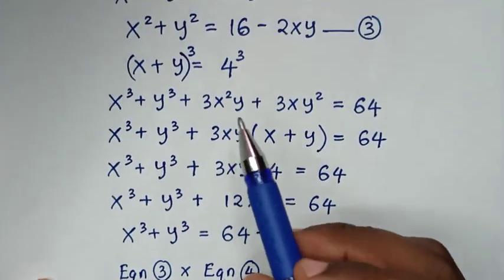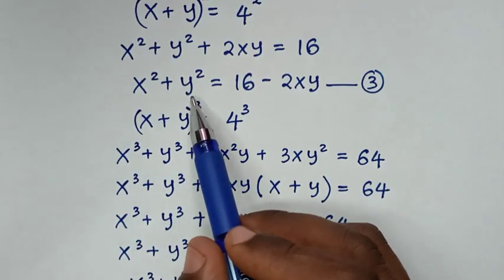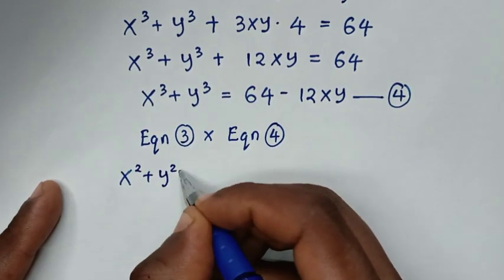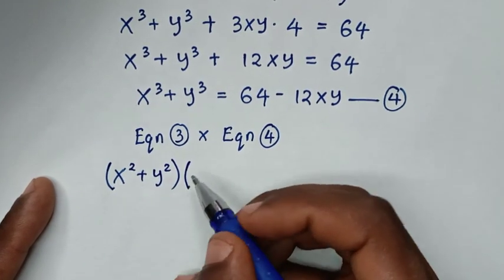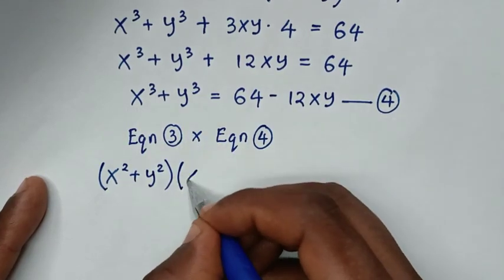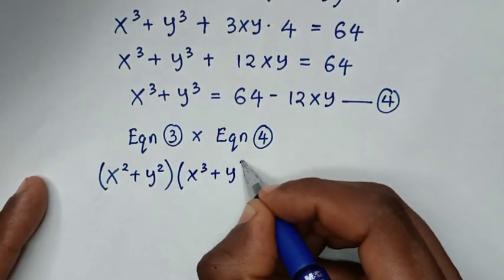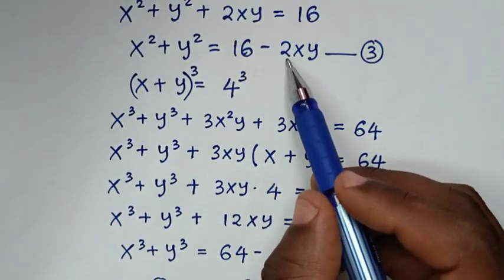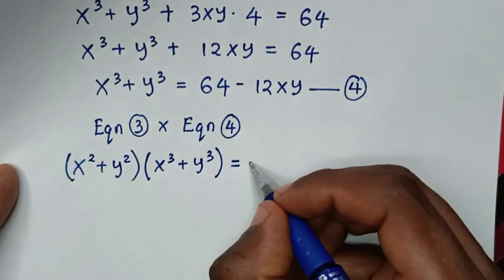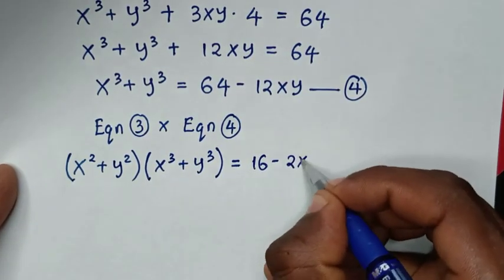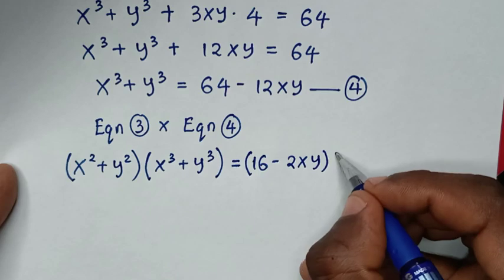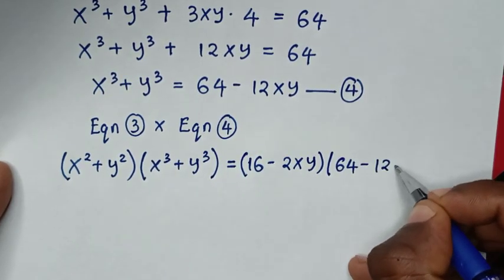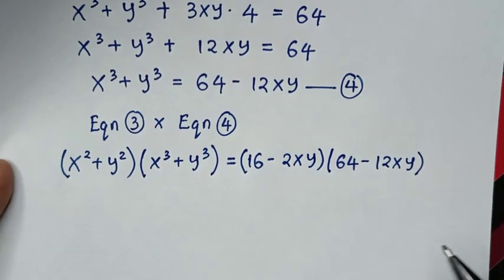Now from equation 3, on the left side, it is x square plus y square. So it will be x square plus y square, bracket, times equation 4, on the left side, it is x power 3 plus y power 3, bracket, is equal to, on the right side in equation 3, it is 16 minus 2xy, bracket, then times, on the right side, 64 minus 12xy, bracket.